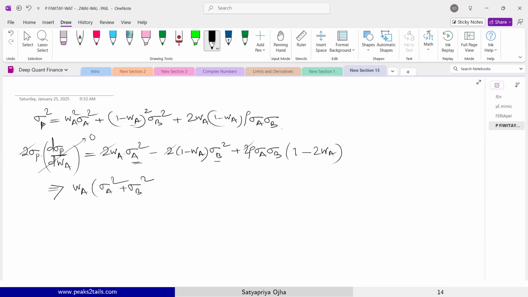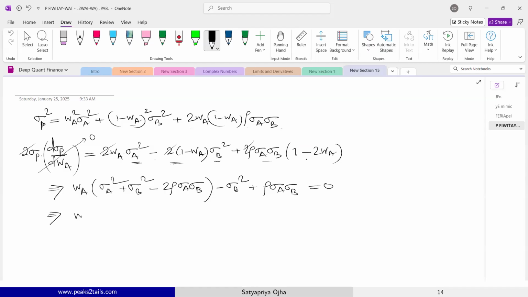Then minus 2 rho sigma A sigma B. And then the constant terms: we have minus sigma B squared, and here we have rho sigma A sigma B. This equals 0.